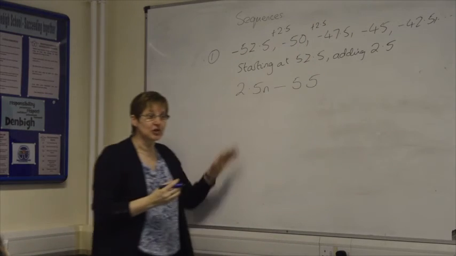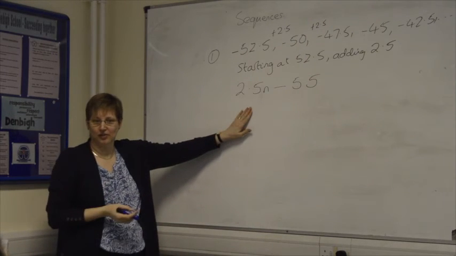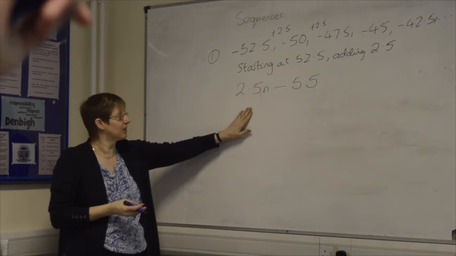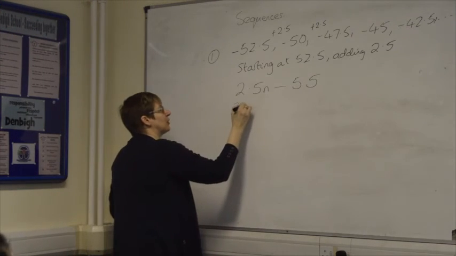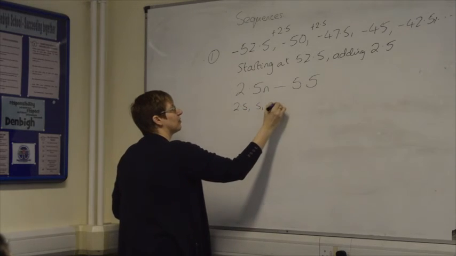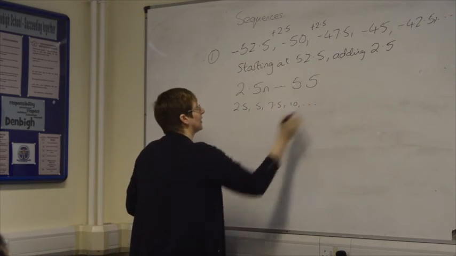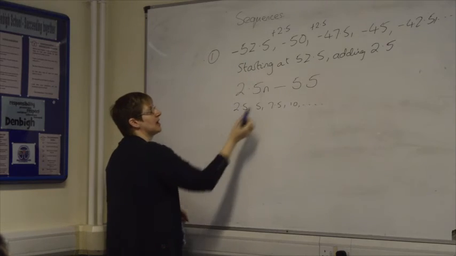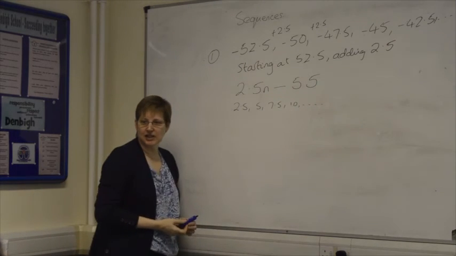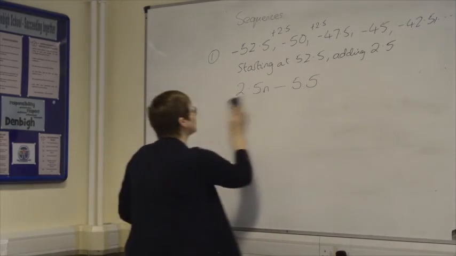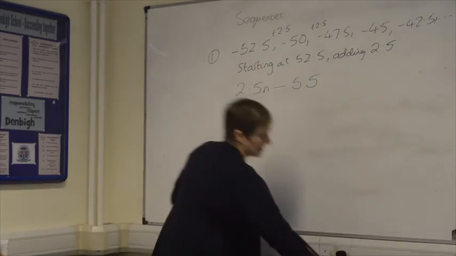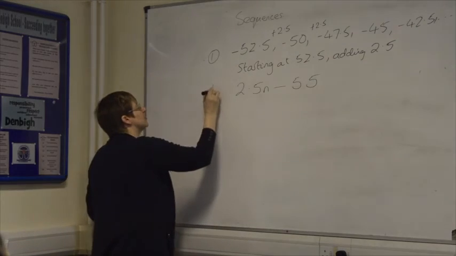So it must be the 2.5 times table, if such a thing were to exist. It'd be great if we don't have to learn it. But our 2.5 times table starts there. It goes 2.5, 5, 7.5, 10. But we want to start down there, so we need to take away 55 to get to that start point. Yeah? Good sequence.